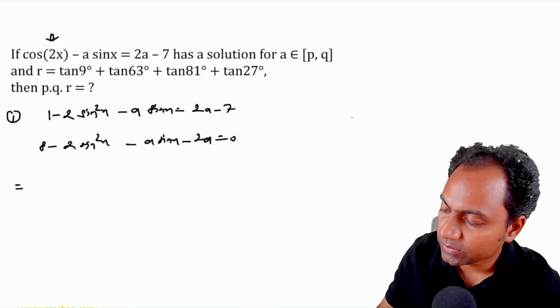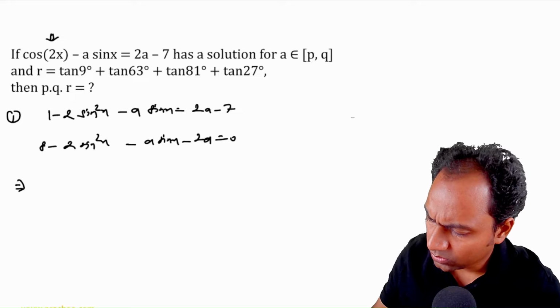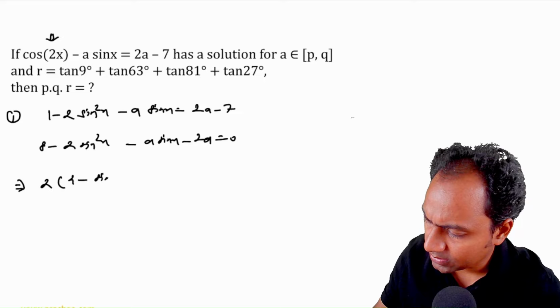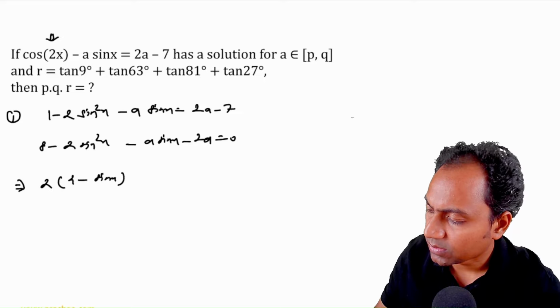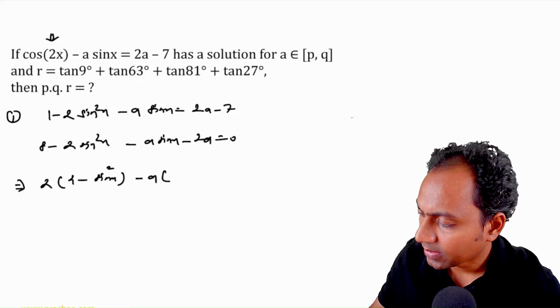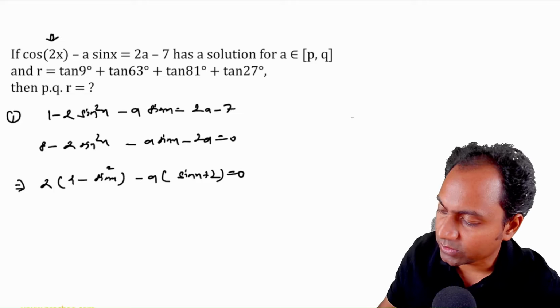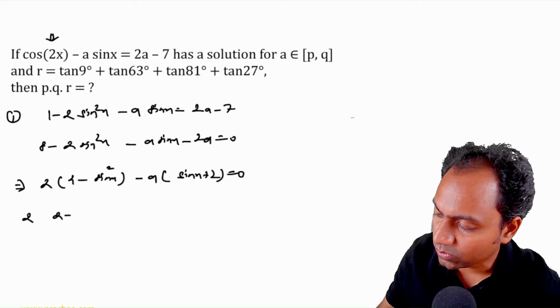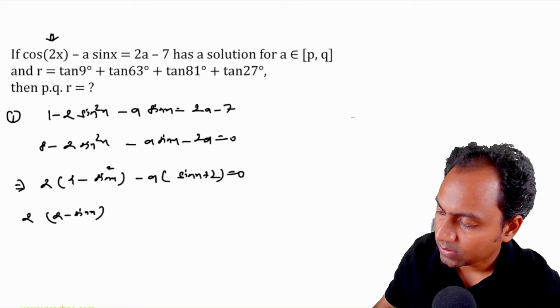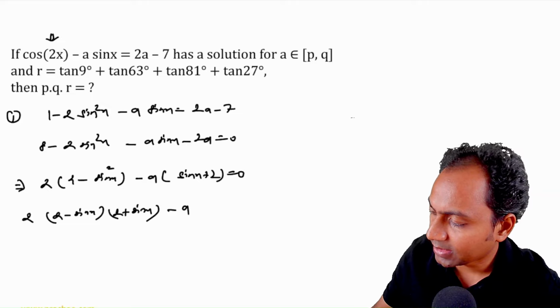And from the first part, what we can do is, we can take a 2 common. So this is 4 minus sine square x, and this is nothing but minus a into sine x plus 2 equal to 0. The first part can be factorized into 2 minus sine x into 2 plus sine x, and the next part has nothing but sine x plus 2.